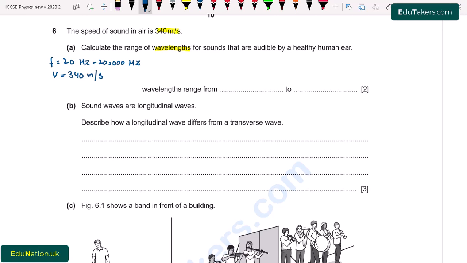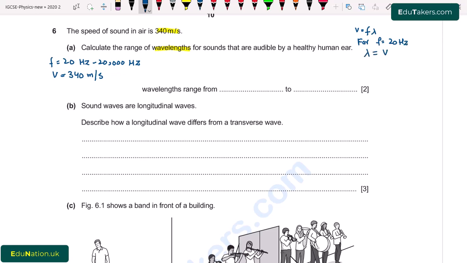So what will we do? We know that V is equal to f lambda. First I consider 20 Hz frequency and then calculate wavelength for it. For f is equal to 20 Hz, I have to calculate lambda.